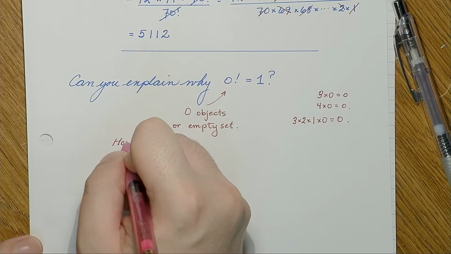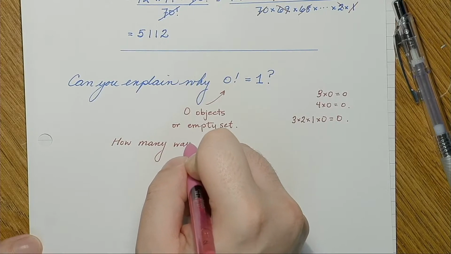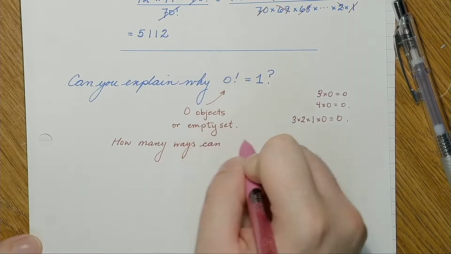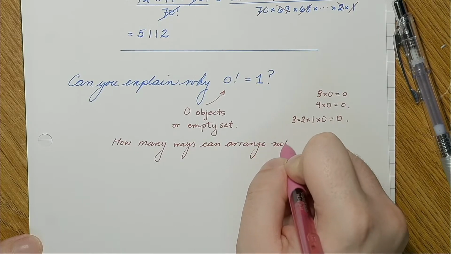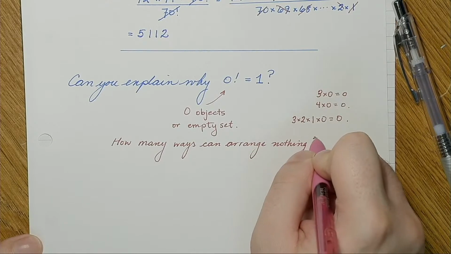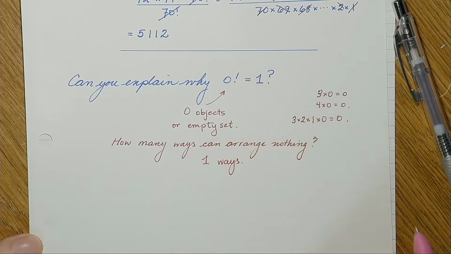And how many ways can you arrange nothing, or the empty set? There's only one way. It's very boring, but it's just nothing.